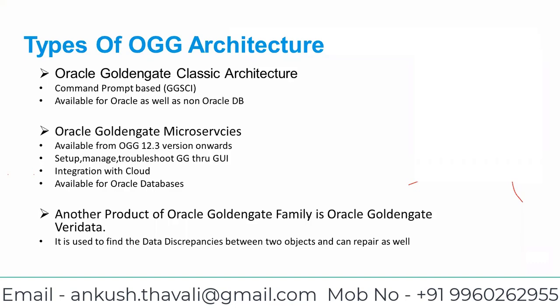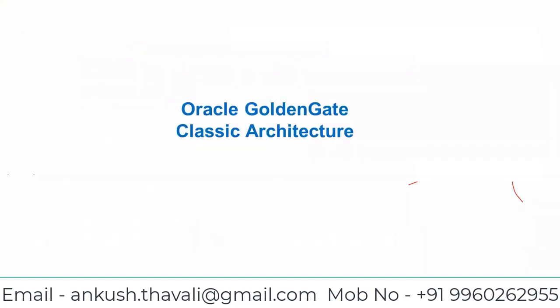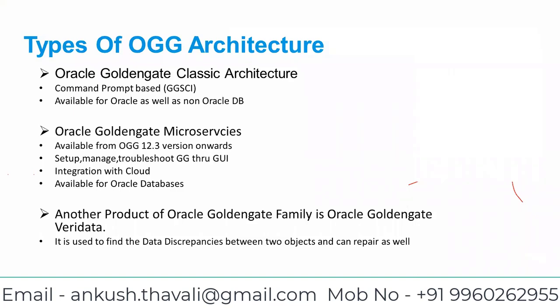So, guys, there are different types of extracts and replicates available in Oracle Golden Gate. If that confuses you, just to let you know, under classic architecture, you have different types of extracts and replicates, like classic extract, integrated extract, classic replicate, integrated replicate. So classic and integrated are also types of extracts and replicates.